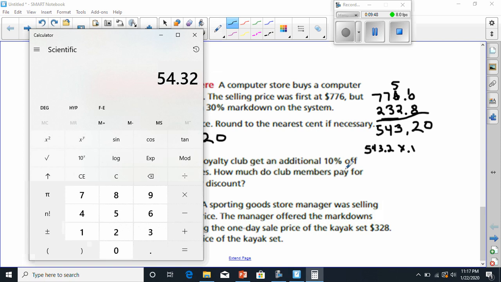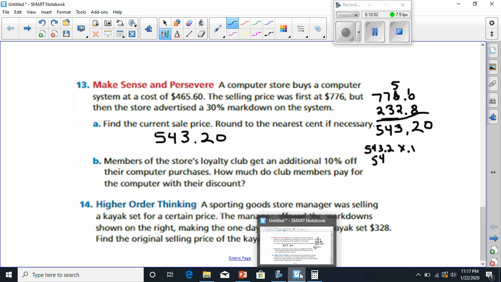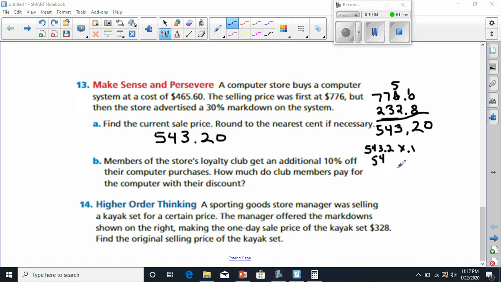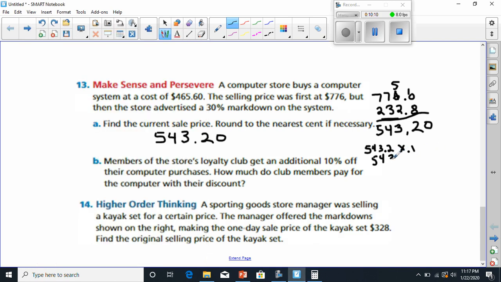And that's going to be $54.32. So how much do the members pay for it? We've got to deduct another $54.32, so $543.2 minus $54.32.